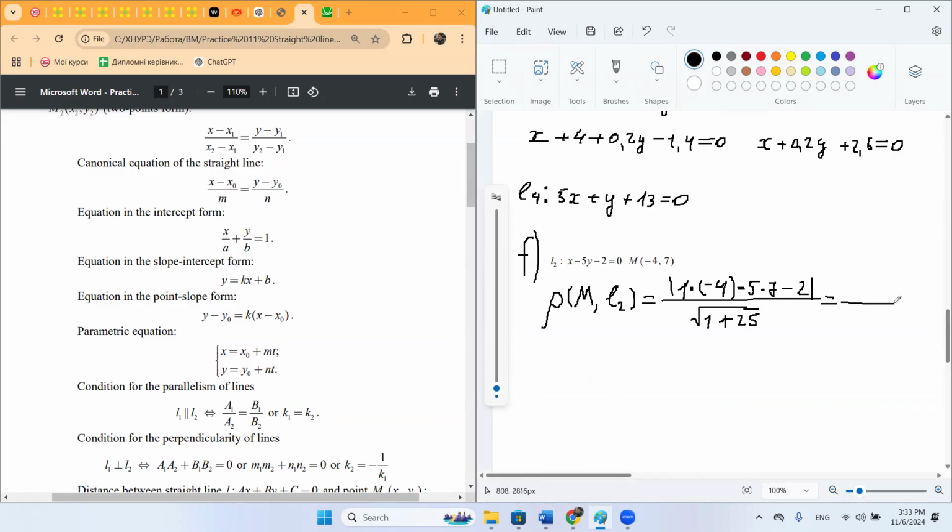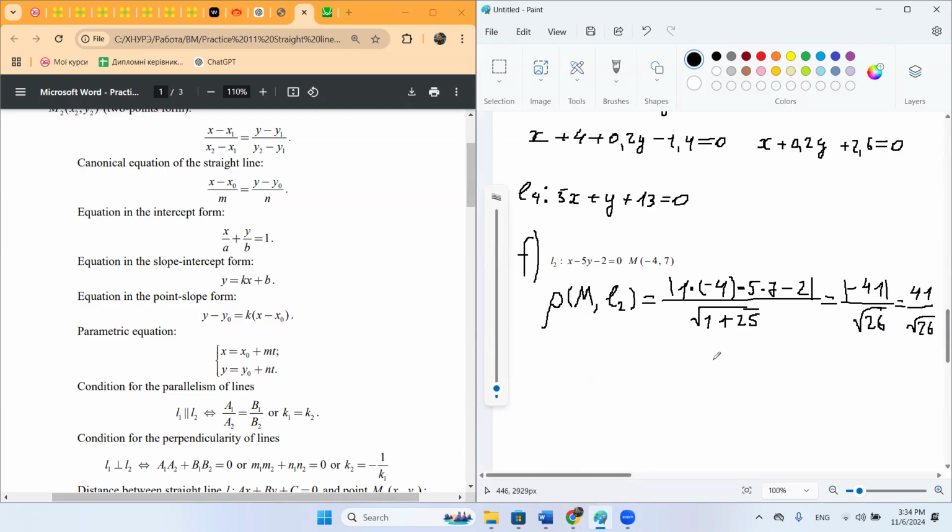So it equals -4 minus 35 minus 39 minus 2, so minus 41 divided by square root of 26. But yeah, the magnitude, of course. So the result is 41 divided by square root of 26.